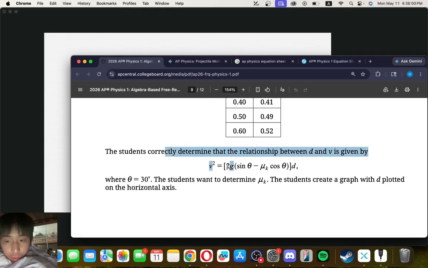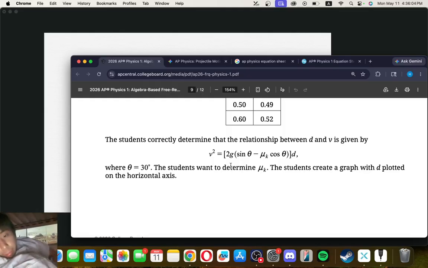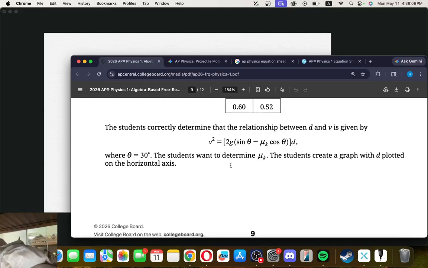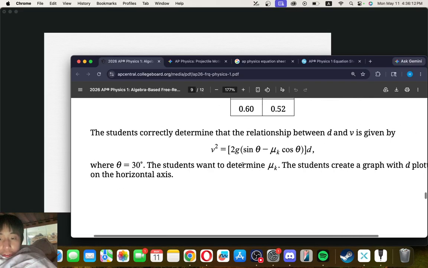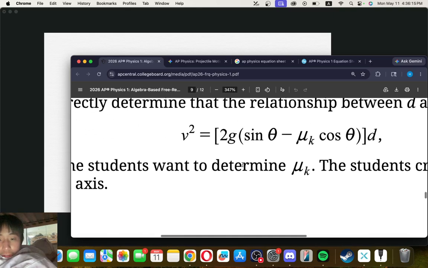Correctly answer that v squared is 2g sine theta times d. Are you sure? Is that actually the equation? Think about that. You get 1/2 Fd cosine theta. I feel like I've seen this equation before, but I feel like that's for pendulums.